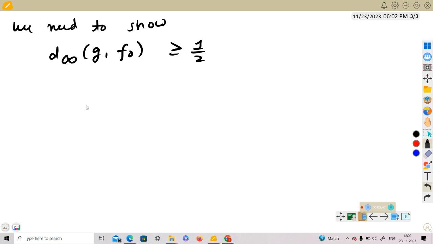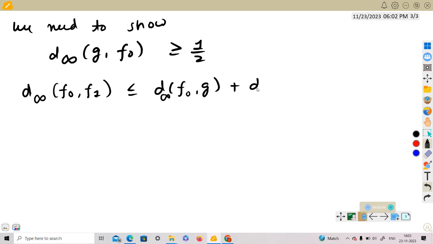We will use the triangle inequality here. First consider d_infinity(f0, f1). This is less than or equal to d_infinity(f0, g) plus d_infinity(f1, g).